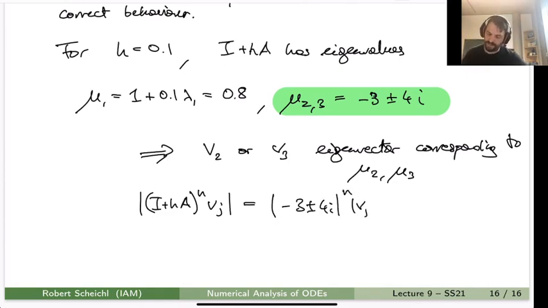But this is an eigenvector, so this norm is equal to 1, and the nth power of I plus HA applied to vj is 5 to the n, which obviously goes to infinity as n goes to infinity.